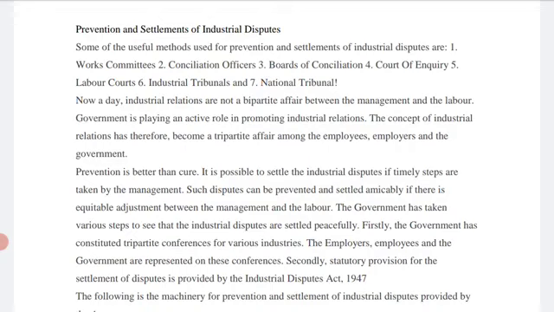If the communication is proper, if what the employer wants to communicate to the employee and what the employee wants to communicate to the employer is transferred in the same way, if it is positively communicated, and the viewpoints of both are the same, then surely it will result in good communication and there will never be industrial conflict.